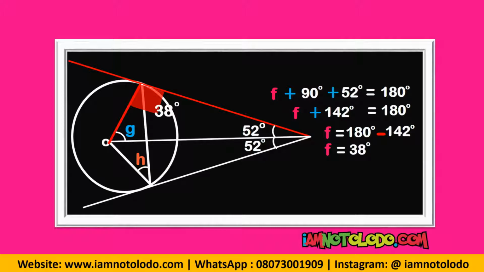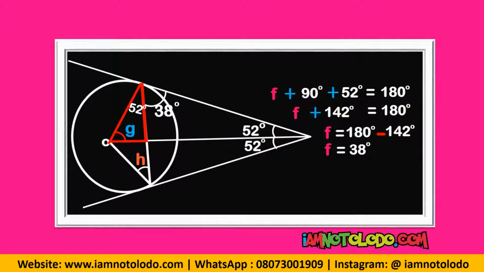Since the whole of this place is 90 and F is already 38, to get the small side, we subtract 38 from 90. So that will give us 52. So this small side is 52. So now that we found the small side, we can easily find our G. Because if you look at the whole of this place, it is a triangle also.